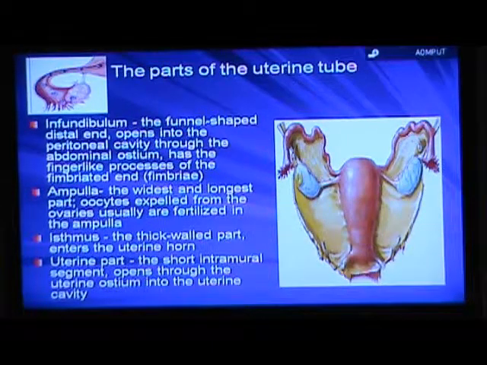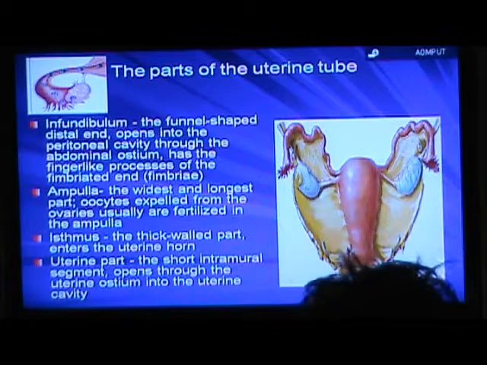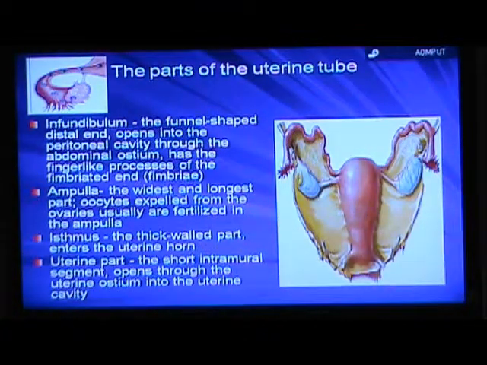The uterine tube has 4 parts. The first is the infundibulum, a funnel-shaped distal end. It opens into the peritoneal cavity through the abdominal ostium and has finger-like processes, the fimbriated end, so fimbriae. So look, it opens to the abdominal cavity.